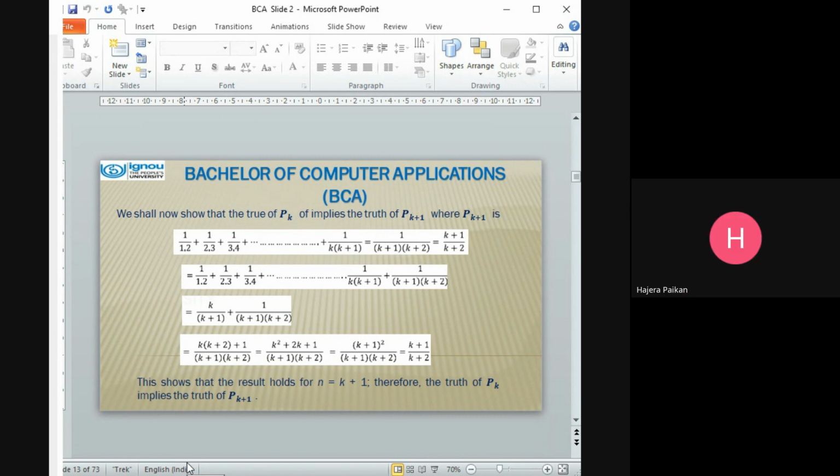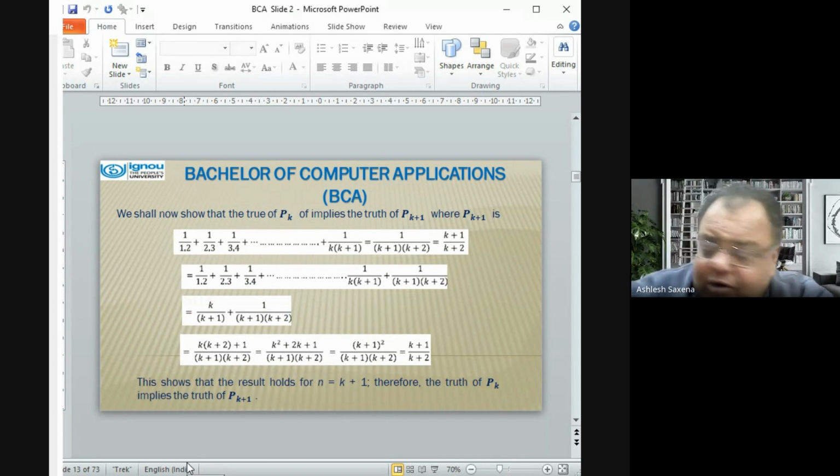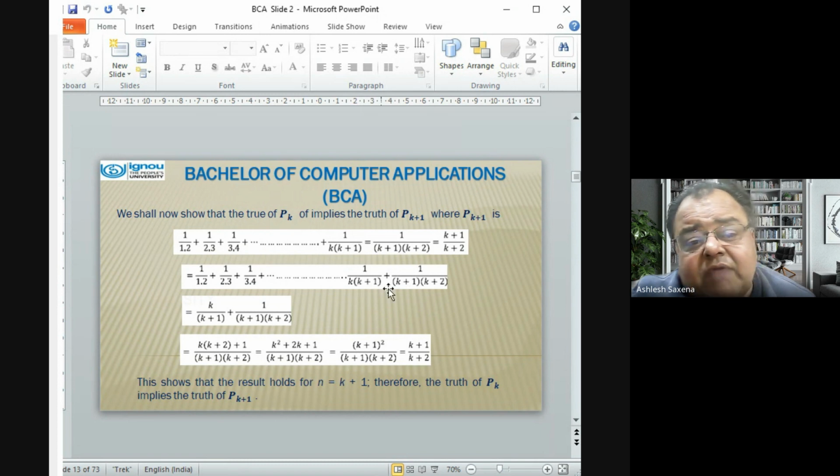We replace k plus 1 here on this page. What I said was, this is what we have. We are adding this term, that is, we are finding out the next term.